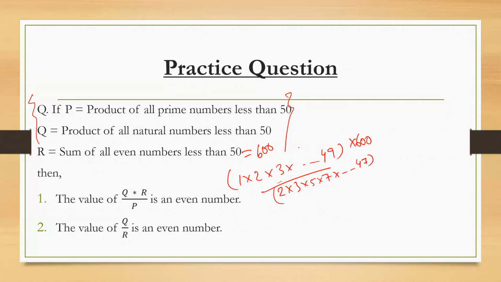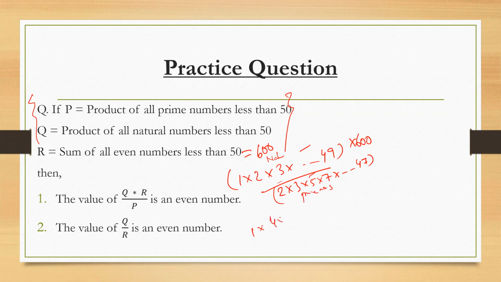If you cancel elements from the top and bottom, what will be left at the top? This is natural numbers, this is prime numbers. You will be left with composite numbers at the top. ठीक है?